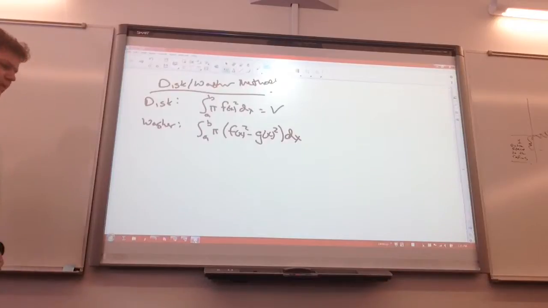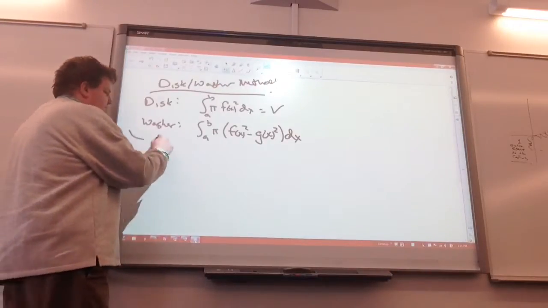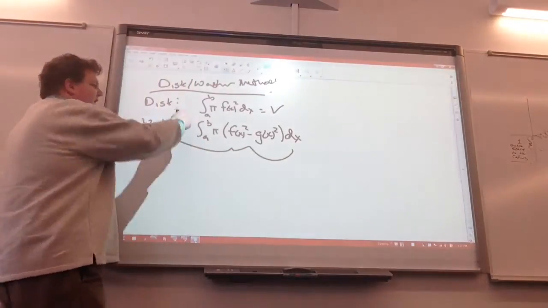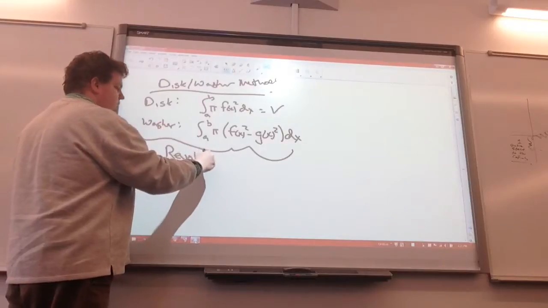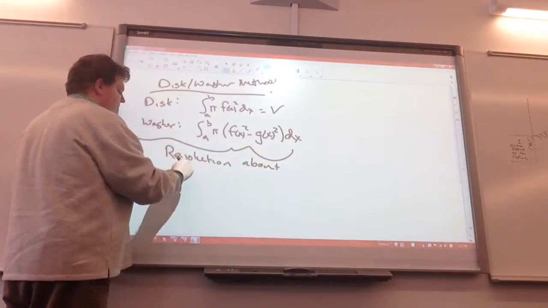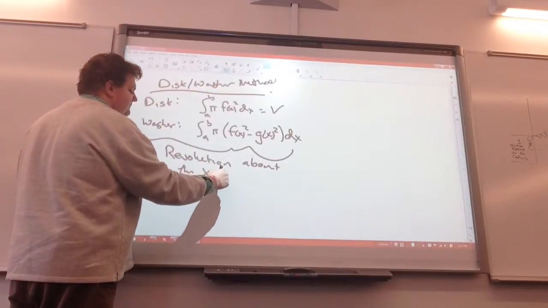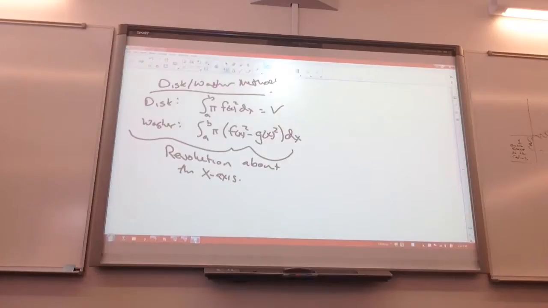Now, the note here that I want to stress is that this works as a revolution about the x-axis. So we're finding the volume by taking this area and revolving it like a piece of meat on a spit around the x-axis.